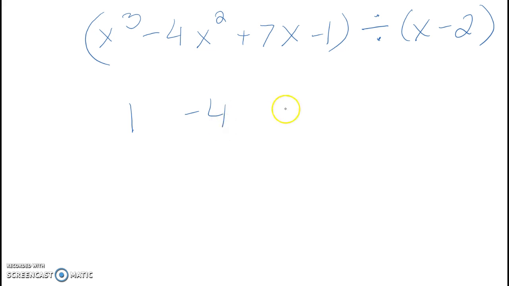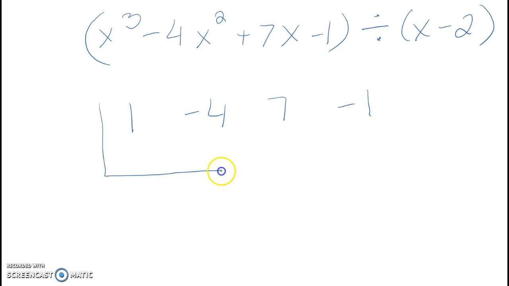The following coefficient would be 7, and the last coefficient is negative 1. Once again, it does have to be in decreasing order, and if one of these terms was missing, then we would fill that in with a coefficient of 0. We do not have anything like that here, so we don't need to worry.